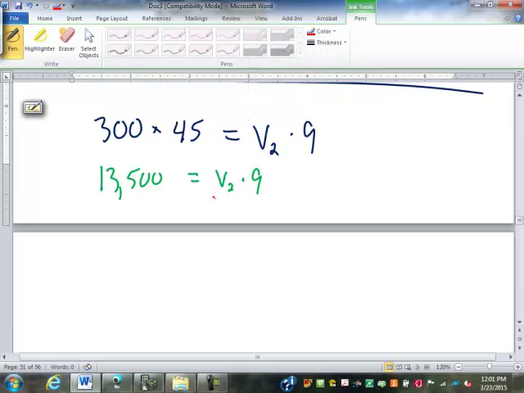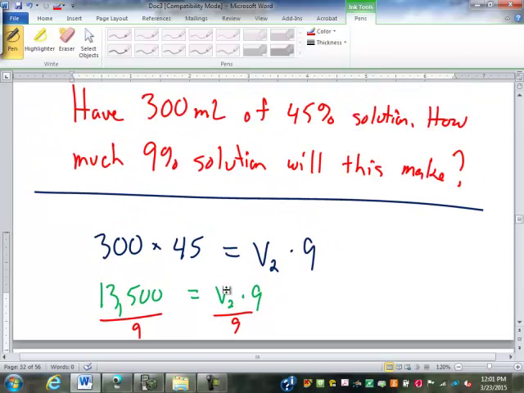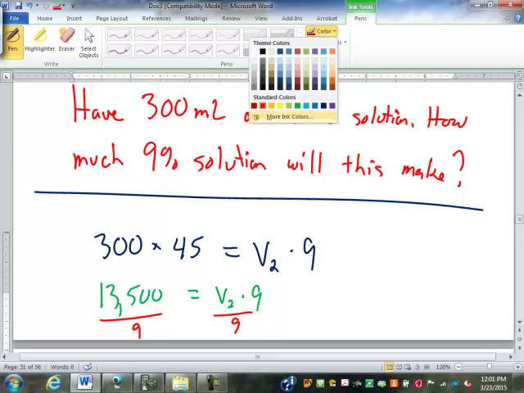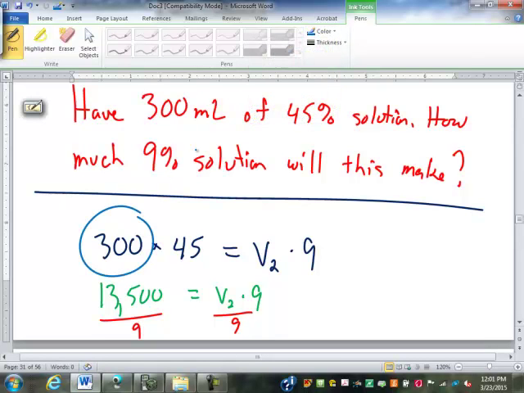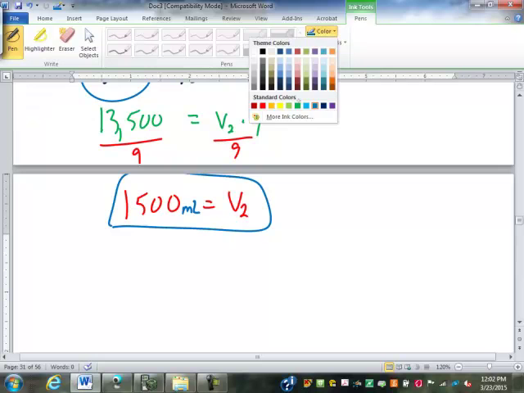We're going to solve by dividing by 9, which is going to give us 1,500 equals V2. Now we have to be careful here with our units. We have to go back. What was the units on the V1? Well, the 300 was 300 milliliters, telling us that V2 here is also in milliliters. It's 1,500 milliliters.